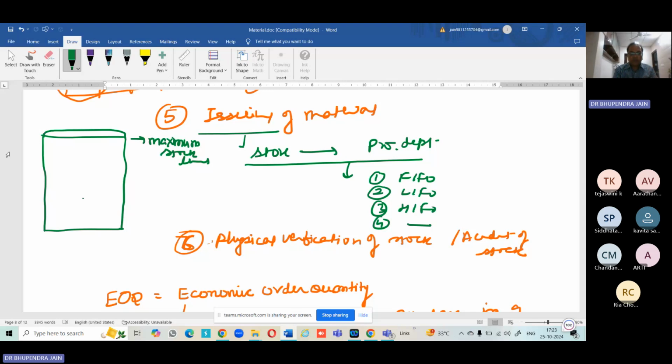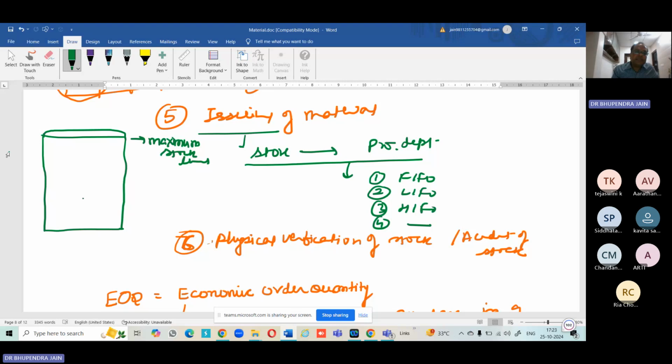If the money is blocked, you will lose something. Whether you have less working capital, or you have to arrange money from the bank or any other person, you have to pay interest on it. So the first level is the maximum stock level.